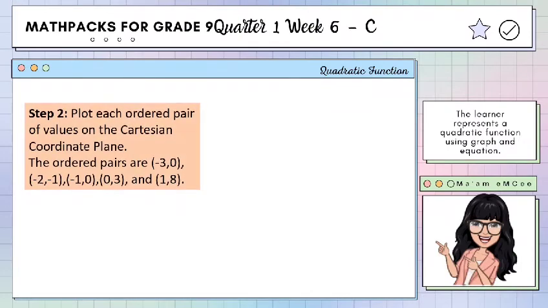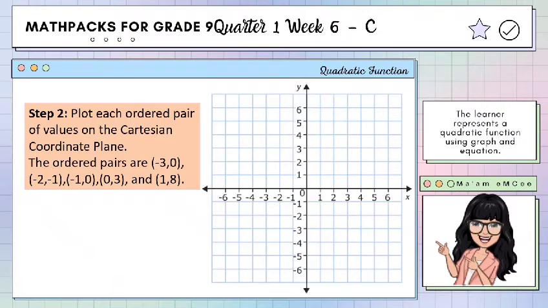Now, step 2. Plot each ordered pair of values in the Cartesian coordinate plane. So again, our ordered pairs are (-3, 0), (-2, -1), (-1, 0), (0, 3), and (1, 8). So we have here our Cartesian coordinate plane, and we will be plotting each ordered pair.